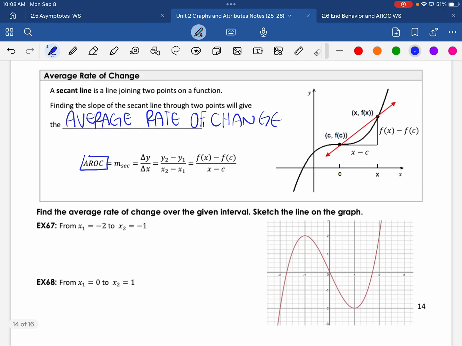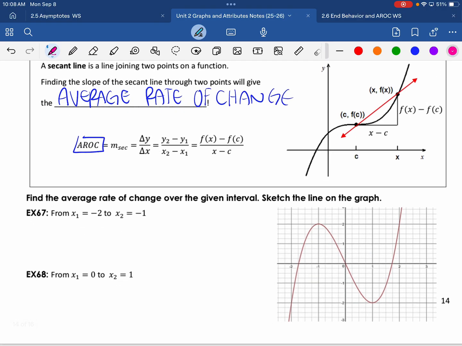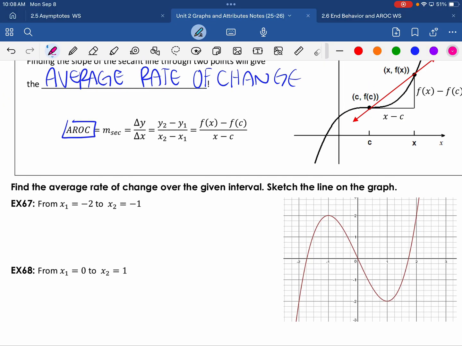All right, so on these examples down here, if I want to find the average rate of change over this interval, I need to figure out what my y1 and my y2 are. So I'm going to look at the graph. When x is negative 2, what's the y value? Negative 2. And when x is negative 1, what's the y value? 2.